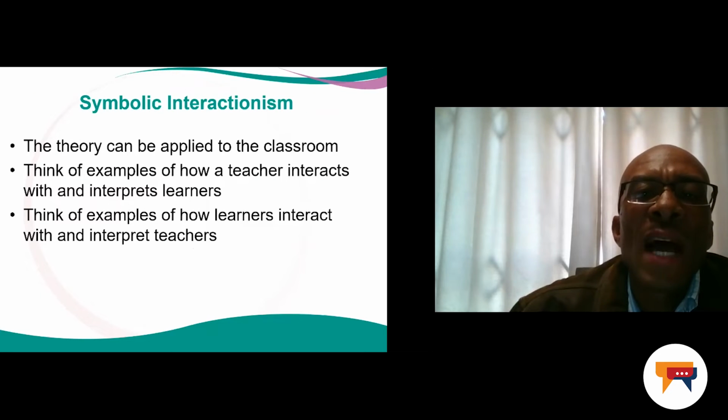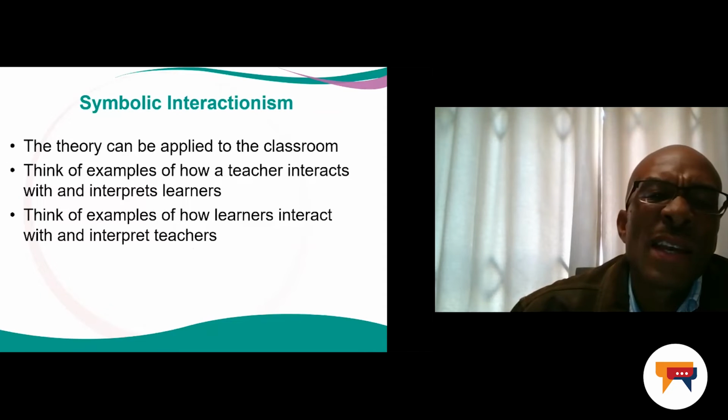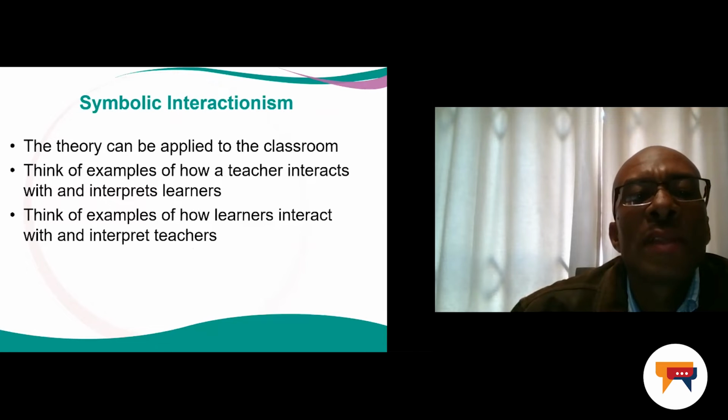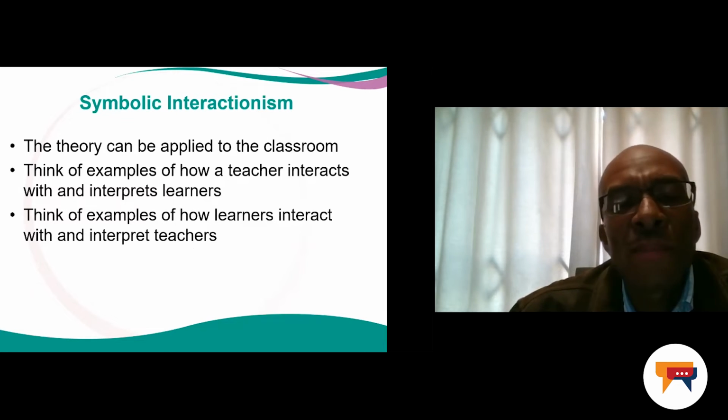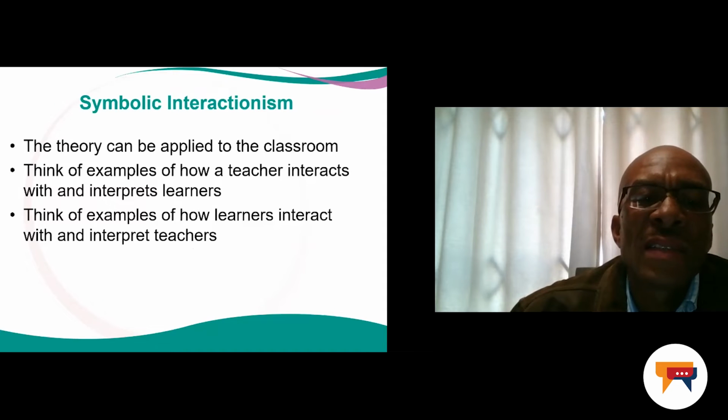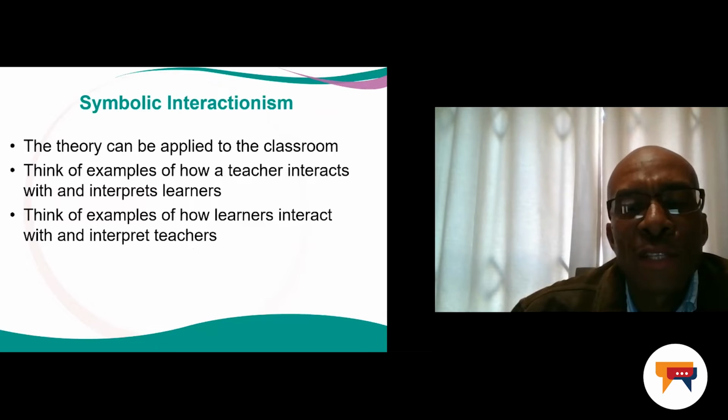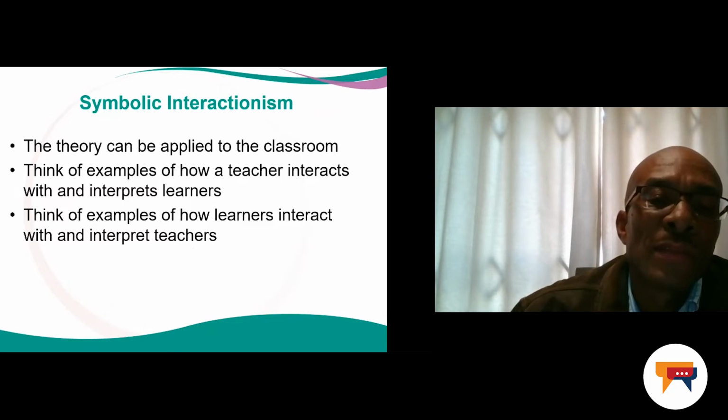The theory can be applied to the classroom. Think of examples of how a teacher interacts with and interprets learners, or how learners interact with and interpret teachers while in the classroom environment.